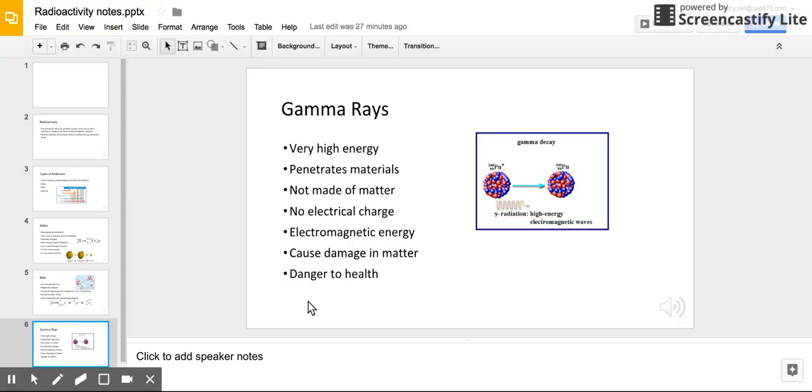These are the ones that are going to be dangerous to our health. They also don't have an equation because they don't cause a transmutation. What that simply means is it doesn't cause an element to turn from one form to another. Here's a little picture. We have plutonium undergoing gamma decay, and it's still plutonium. So it didn't change into another element.